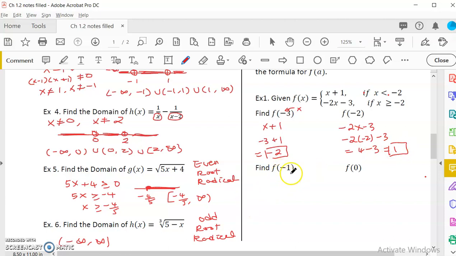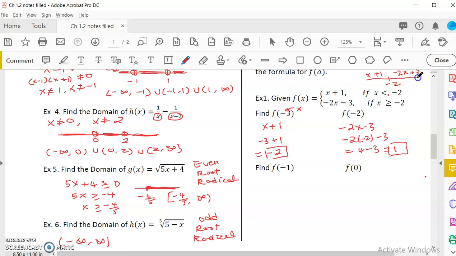Find f of -1. Is -1 in the first interval or the second interval? Look carefully. -2 is our borderline. The first one is when x is less than -2, so that would be using x plus 1. And the second is when x is greater than -2, so it's -2x minus 3.